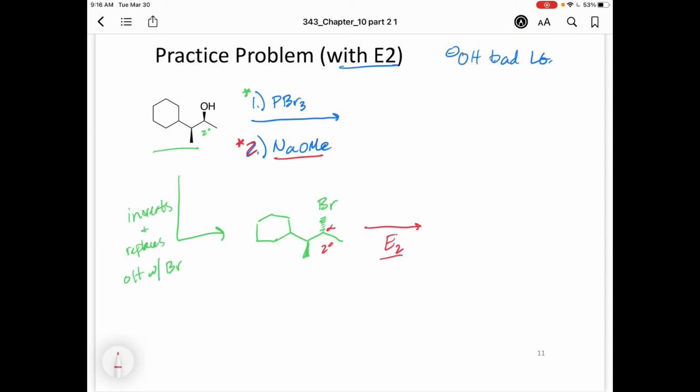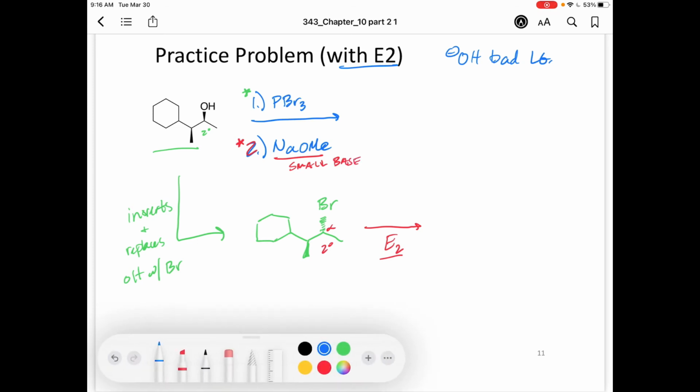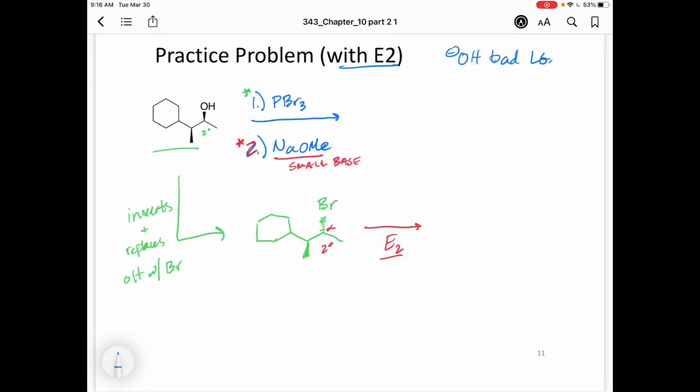Now, when we're looking at this, we know we have a small base, and our work with E2 reactions reminds us that it can take a proton from any of the beta carbons, and it will prefer to take one that is going to give it the more substituted product because this is a small base.